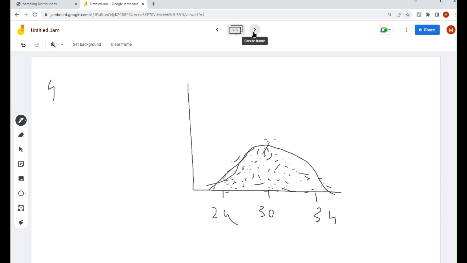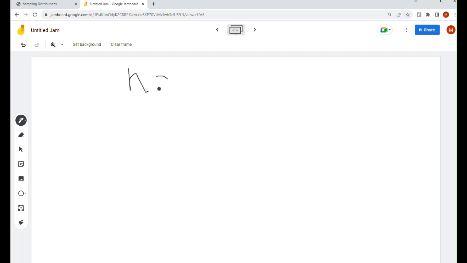Now, if we increase the sample size, let's say we took a sample of 25 people or 30 people, right, and we get thousands of samples of those, think about it. When we have a large sample size, it's more unlikely to get a skewed result in our sample, right?